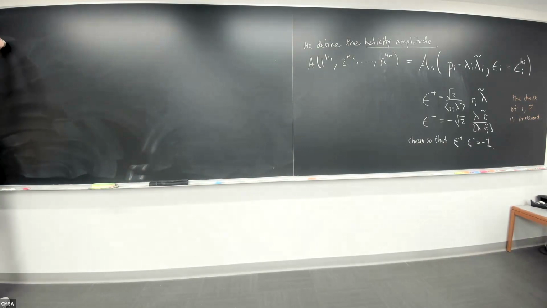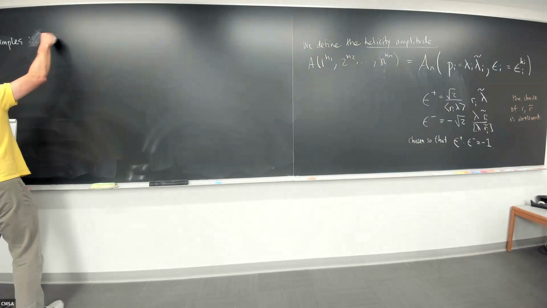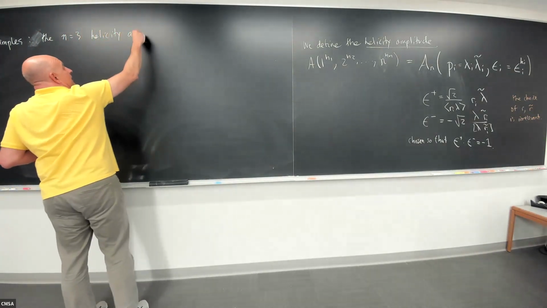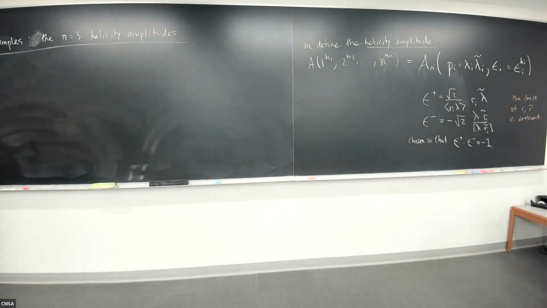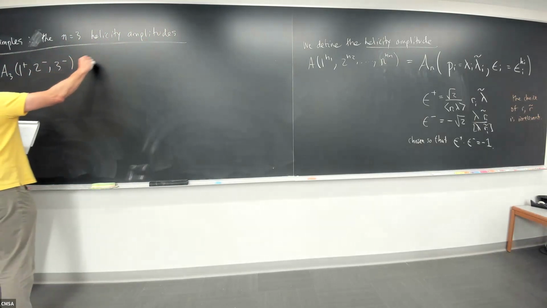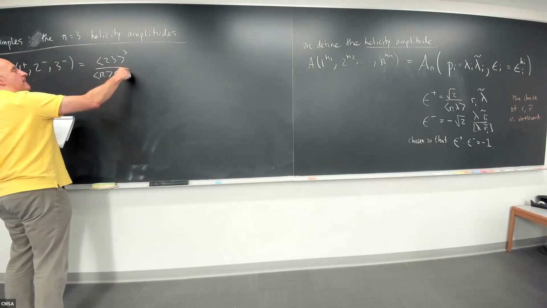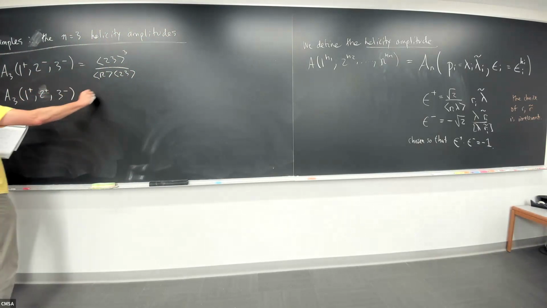Let's look at the n equals 3 helicity amplitudes. There are two prototypical amplitudes.